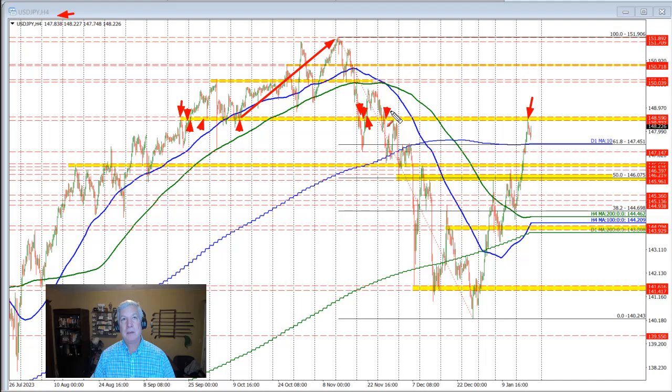You can see how the market shifted from being more bullish above and more bearish below. But this last test here sent the price to the downside. It wasn't until yesterday where the price moved back into that swing area between 148.45 and 148.59.